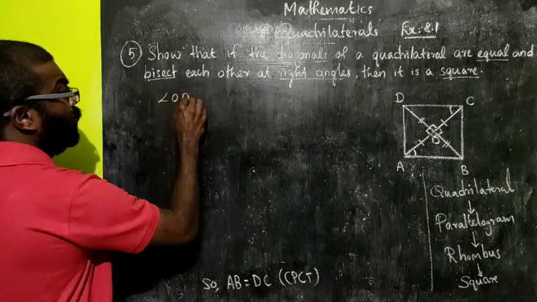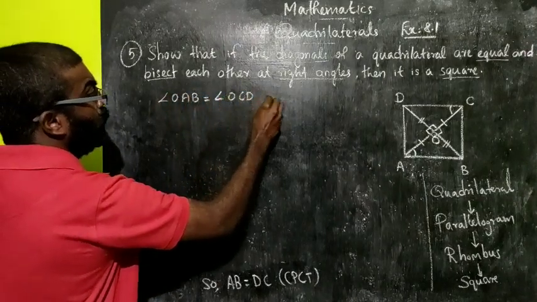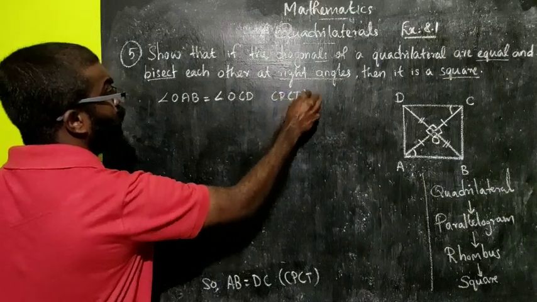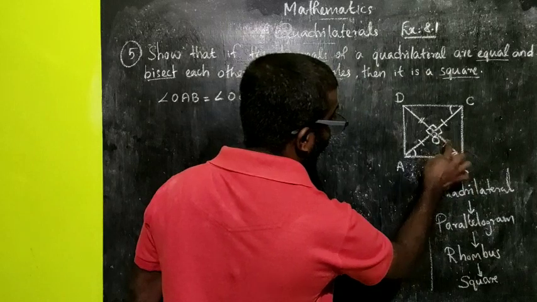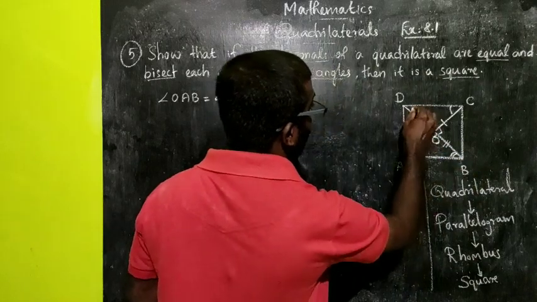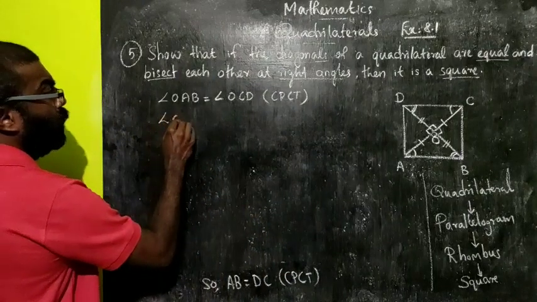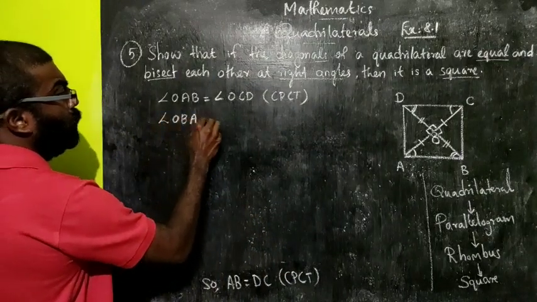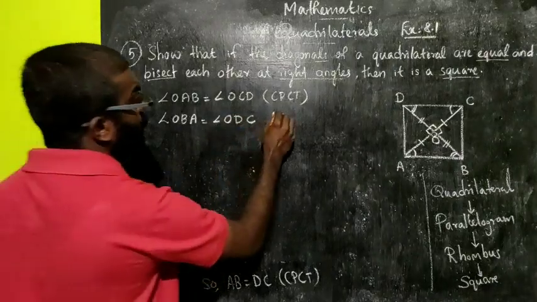Angle OAB equal to angle OCD, CPCT. Then one more angle. Angle OBA will be equal to angle ODC.